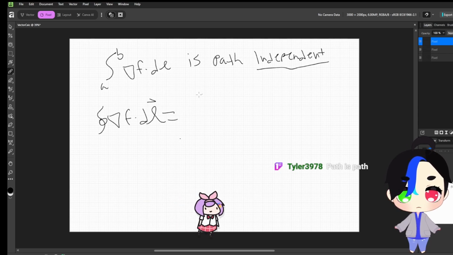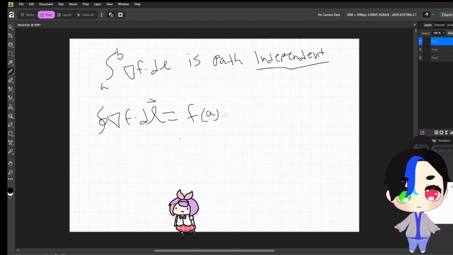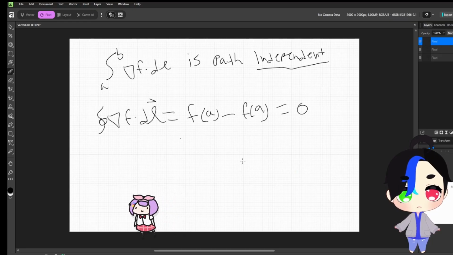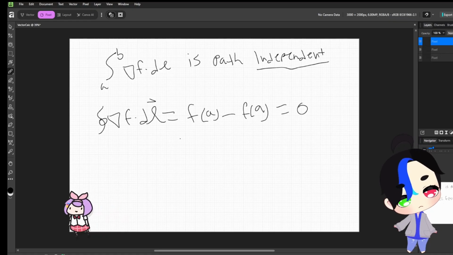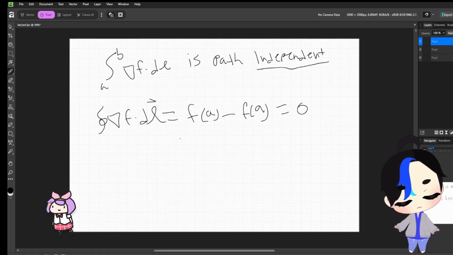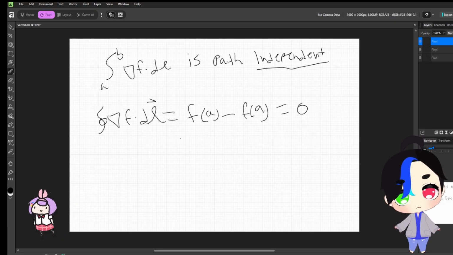The closed line integral is going to be f at A, because that's the end point, because we're stopping where we start, minus f of A. That is 0. The closed line integral of a gradient is 0. We love zeros. It makes things easier. So, those are the two consequences of taking the integral of a gradient.